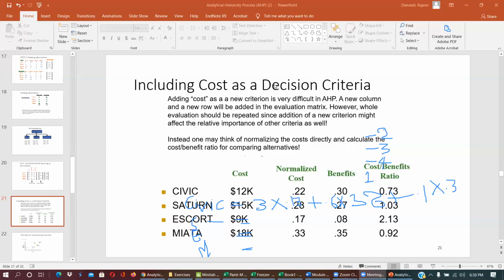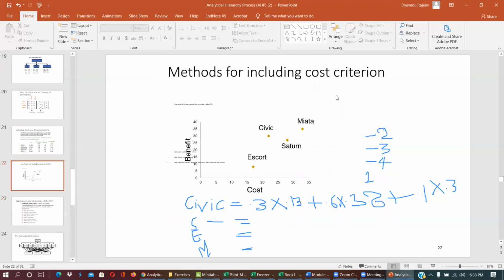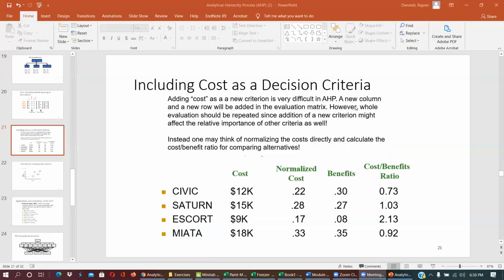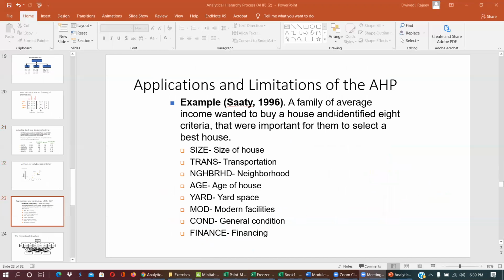So cost will be compared pairwise with style, cost will be compared pairwise with reliability, cost will be compared with mileage, so you can't just add this. So this is the AHP method. If you understand it, if you have real data, you can do that.